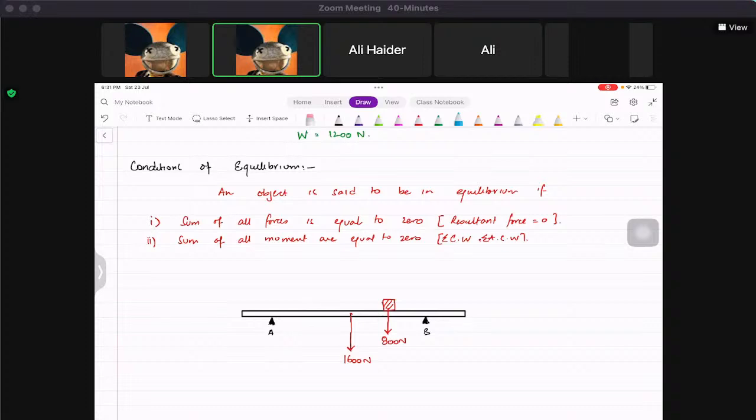They say, from this to this it is 2 meters, from this to this it is 1 meter, from this to this it is 1 meter. Is it clear? Now they say that the pivot has a reaction force at A, and some of the force is being lifted by B as well. So they want you to find these two. Any questions?